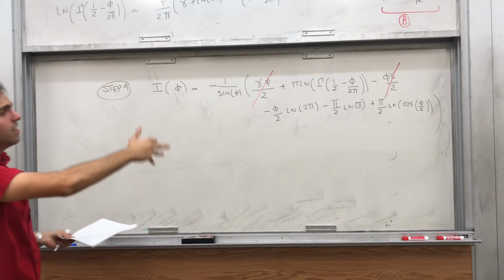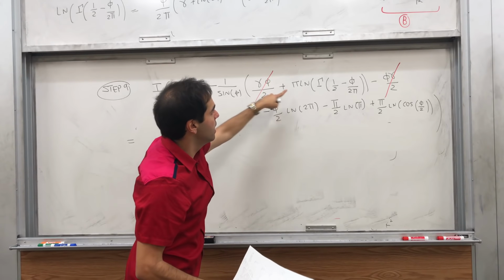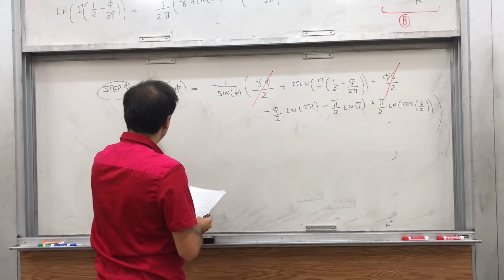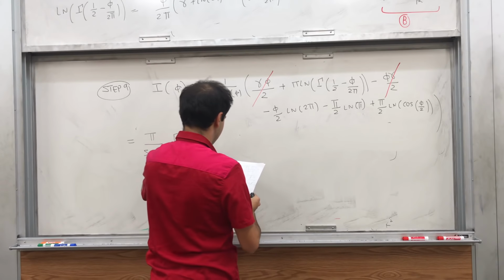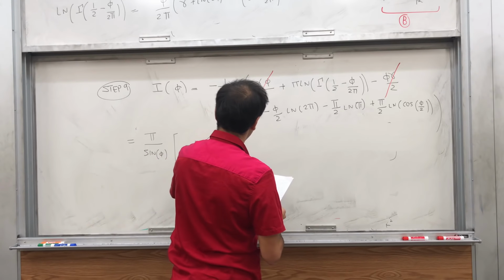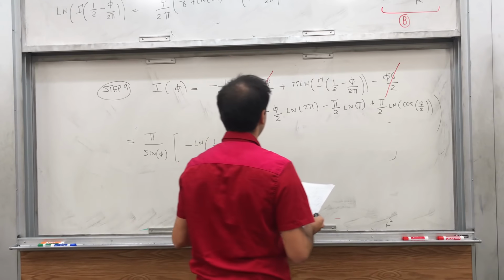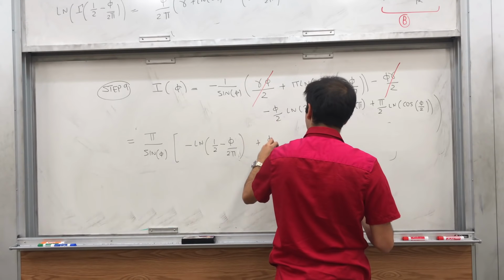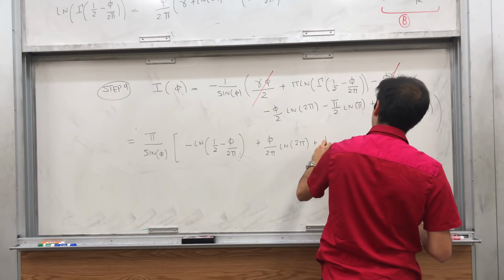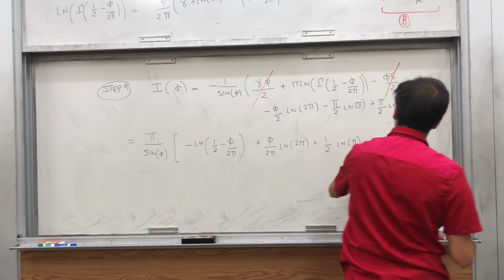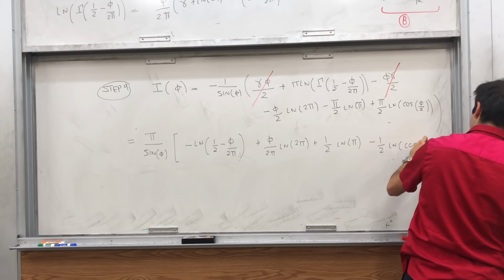And then, let's clean this up a little bit. Because there are a bunch of minuses, let's put the minus here, and let's factor out the pi's. So it's pi over sine of phi of, let's see, a minus ln of gamma of 1/2 minus phi over 2 pi. And then plus phi over 2 pi ln of 2 pi plus 1/2 ln of pi and minus 1/2 ln of cosine of phi over 2.